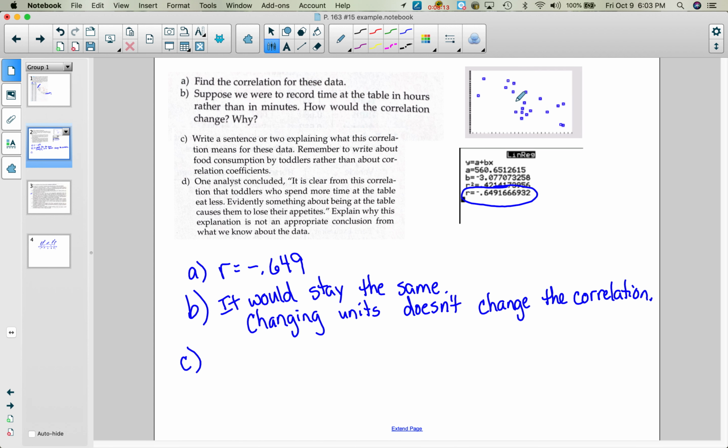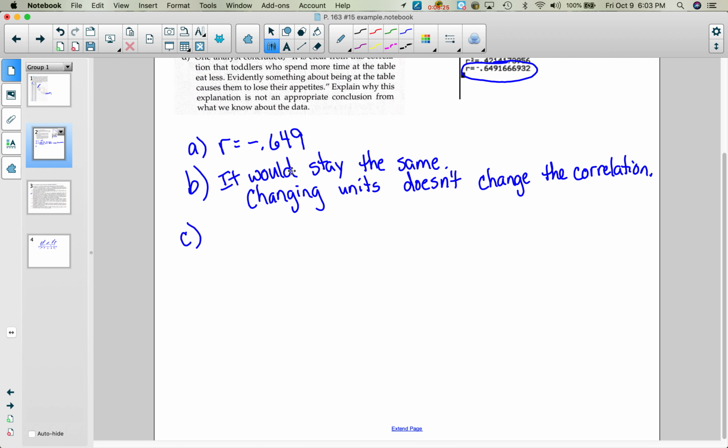It appears somewhat linear. You can kind of see a linear pattern. If I were to draw a line, it has a lot of scatter. So then we have to put that together and come up with a sentence.